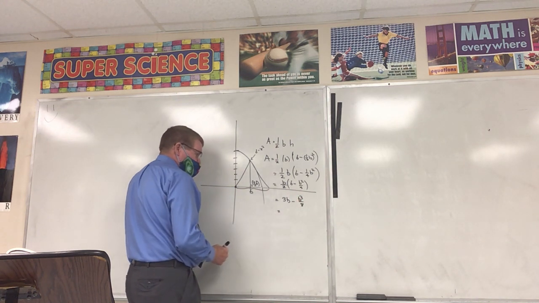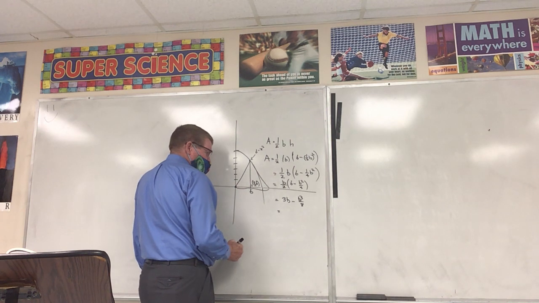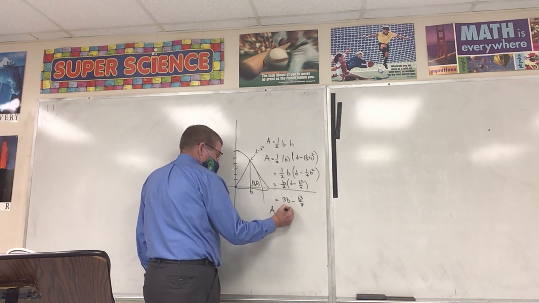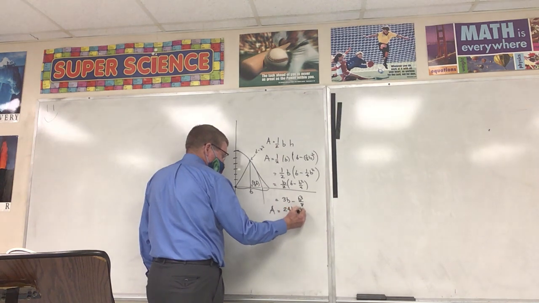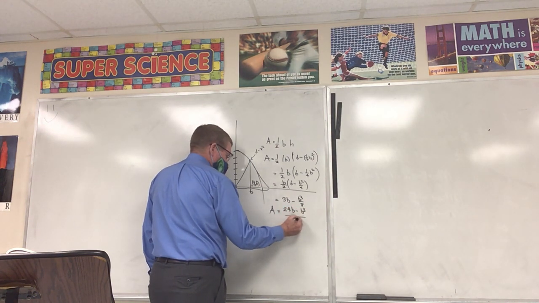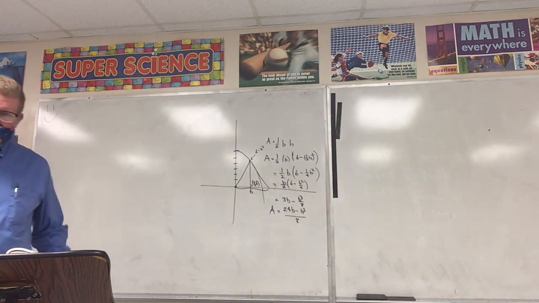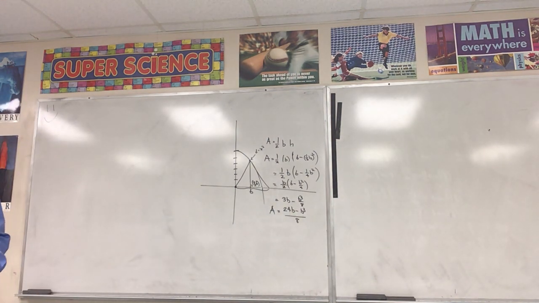Now get a common denominator and get them together. 24 over 8. So 24b minus b cubed over 8. I'm stupid.